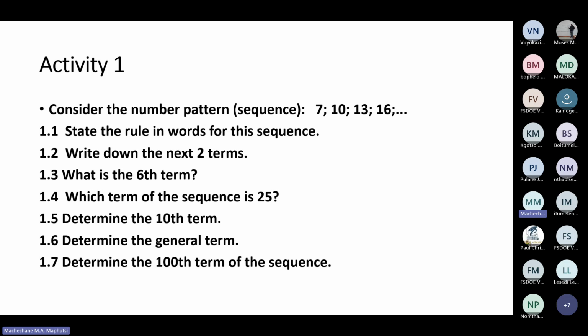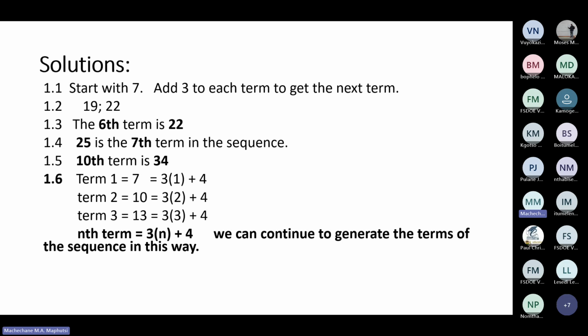And if I add 3 to 22, I'm going to have 25. So they say, which term of the sequence is 25? Like I indicated, that will be term number 7. Okay, so now the 10th term will be 34. It's easy for you to calculate the 10th term because it is not far away from other terms.